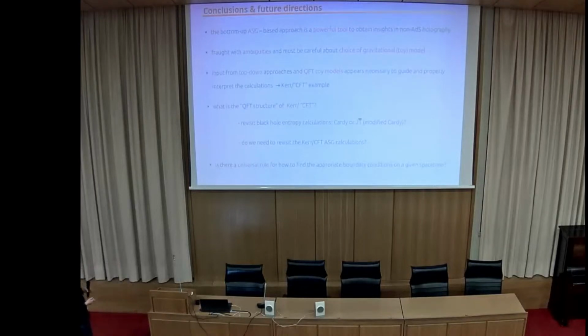So to conclude, what I talked about, this bottom-up asymptotic symmetry group-based approach, is a powerful tool to obtain insights into non-AdS holography. I don't think there's any question about that. In doing so, one has to deal with all sorts of ambiguities. One must be careful about the choice of gravitational toy models to draw one's conclusions.